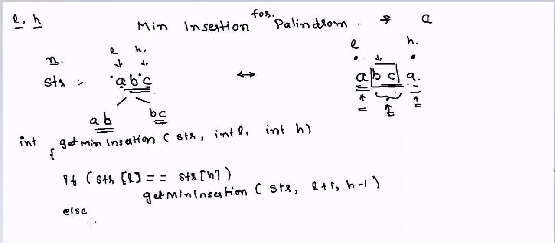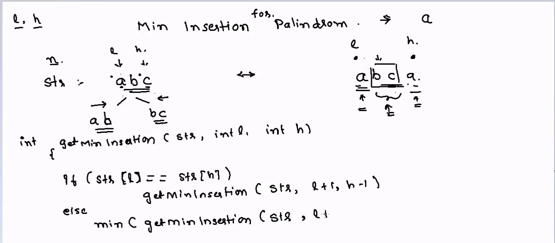And in the else case, it will be something like this: minimum of get minimum insertion of string. In this case, we are just moving forward, and over here we are moving from backward.